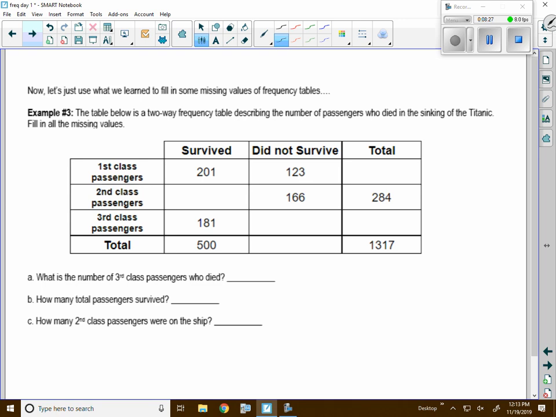Okay, we need to fill in this table. I think you can do it. You just have to do some subtraction and some addition to fill in the rest of the boxes.